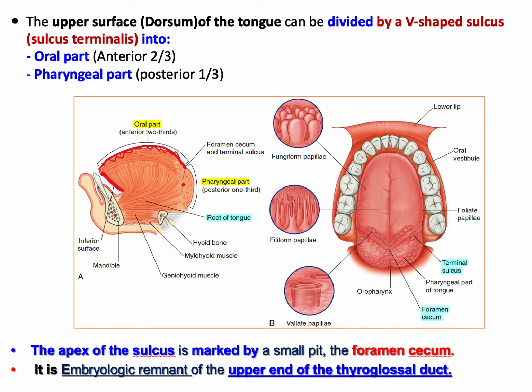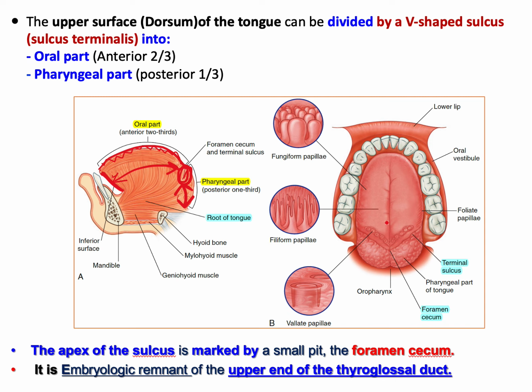However, look at the sulcus terminalis here. This is a sagittal section of the tongue, right? There is a sulcus here. The sulcus terminalis, or terminal sulcus, divides the tongue into, again, anterior 2/3 and posterior 1/3.